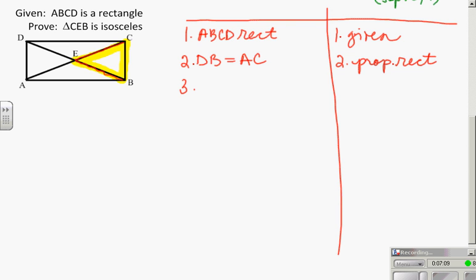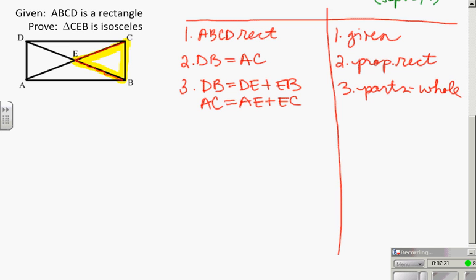So I have an old theorem from Unit 1 that I really like, and it was called parts to whole. I know that DB is equal to its parts, DE plus EB, and I know that AC is equal to its parts, which is AE plus EC. Now I like that because it gets my pieces that are part of that isosceles triangle on the page.